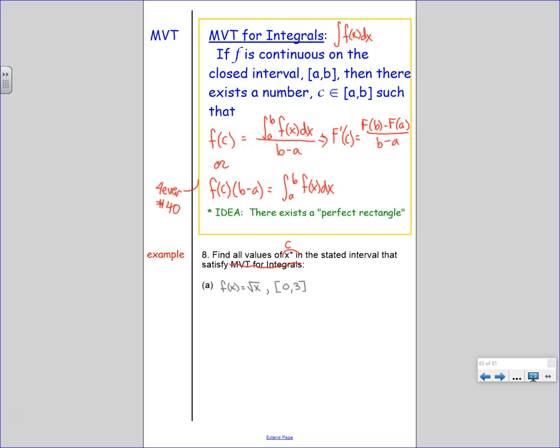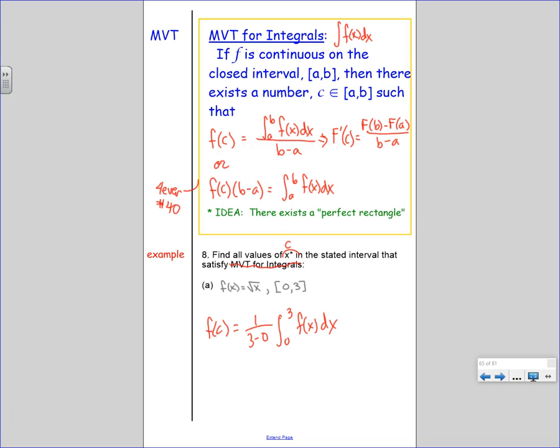That means we have to look at this f of x as an integrand. So we can say, all right, there's going to be some place where f of c is equal to, to make it a little bit easier, 1 over b minus a times the integral from 0 to 3 of f of x dx.